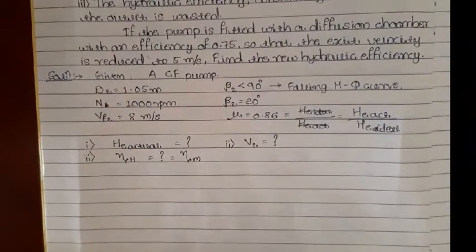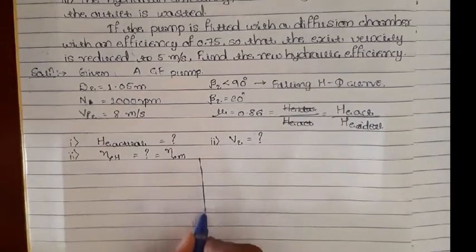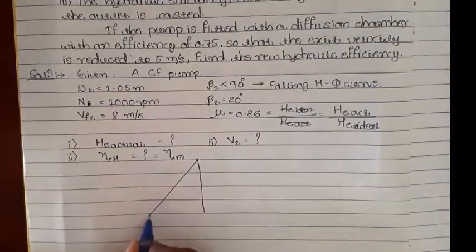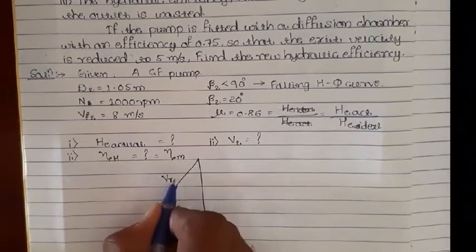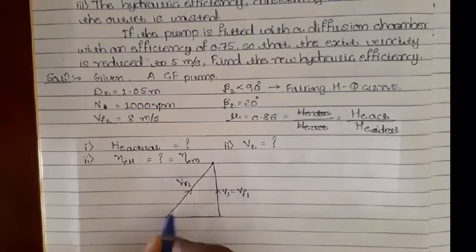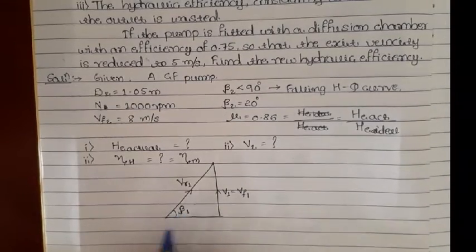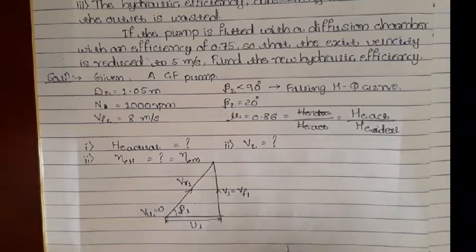Now let us dive into the problem. Let us first draw the velocity triangles as usual. Let this be the inlet velocity triangle, radial outward machine, where V1 is equal to Vf1, Vr1 goes at an angle beta 1, this is U1, and U1 becomes 0. So this is the inlet triangle.